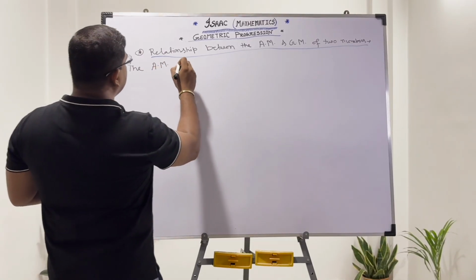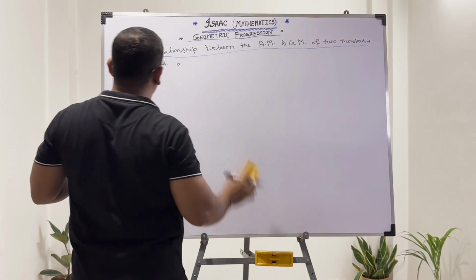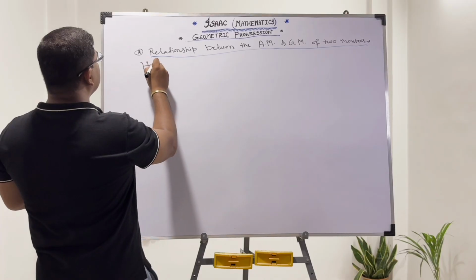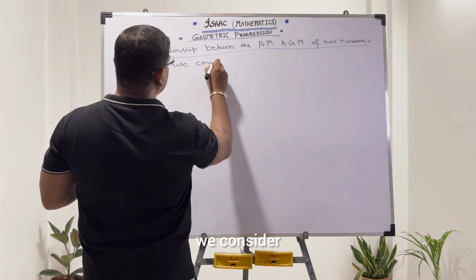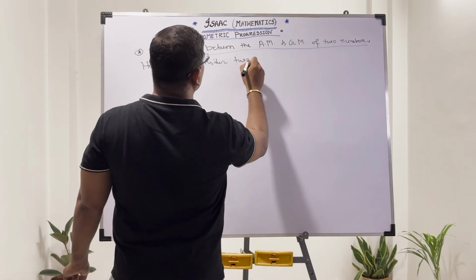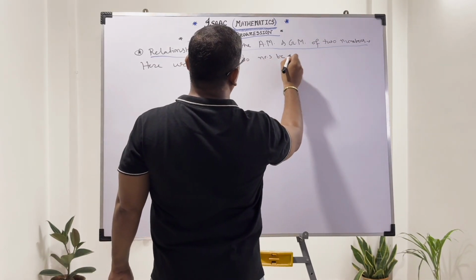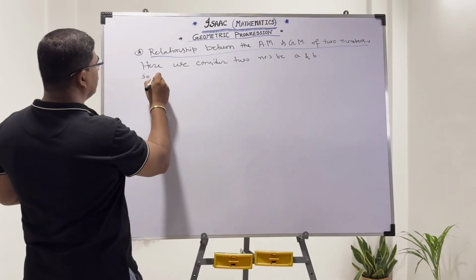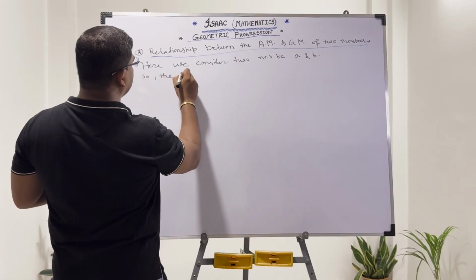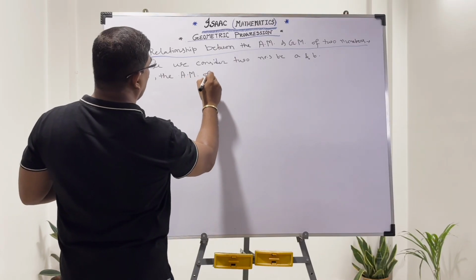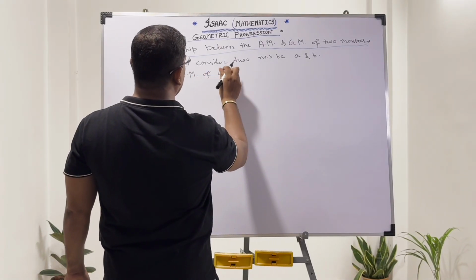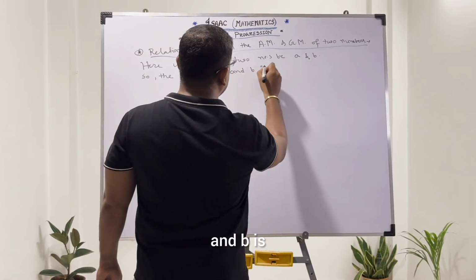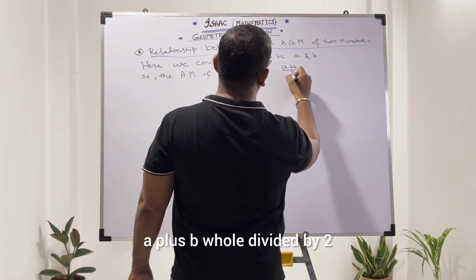Here we consider two numbers to be A and B. So the arithmetic mean of A and B is A plus B whole divided by 2.